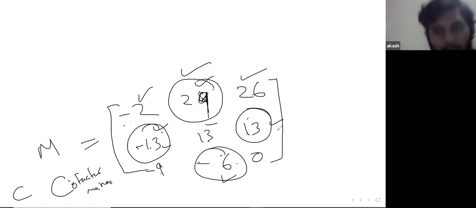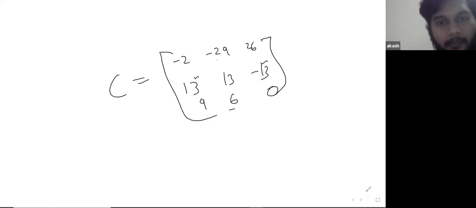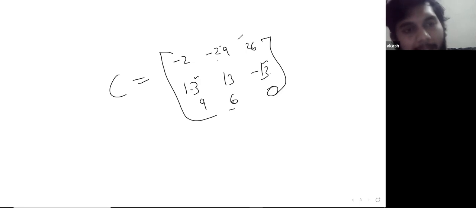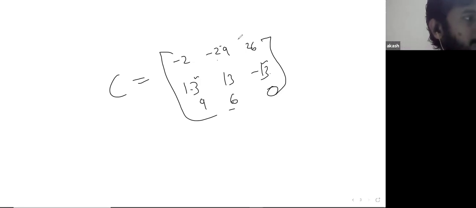Okay. So did you get the cofactor matrix? This is the cofactor matrix. I just changed the signs of this, right? Remaining is exactly the same, right? Are we clear till now?